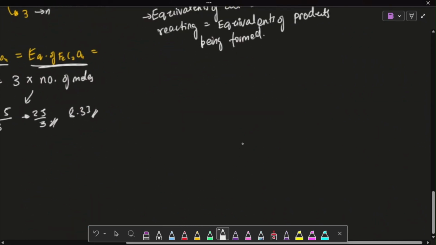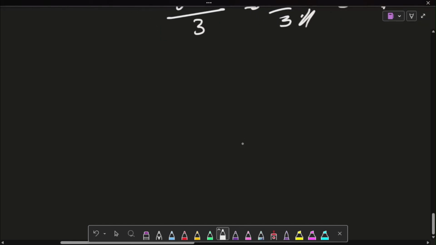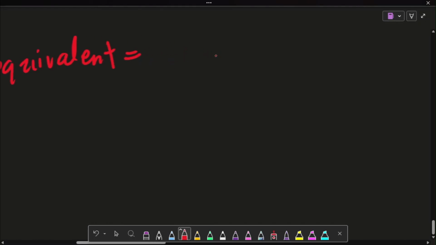So there's also another good definition for equivalence. It goes like: 1 equivalent is equal to 1 equivalent weight.